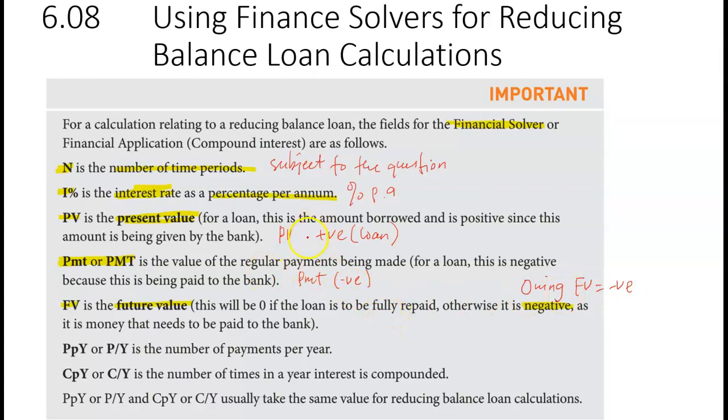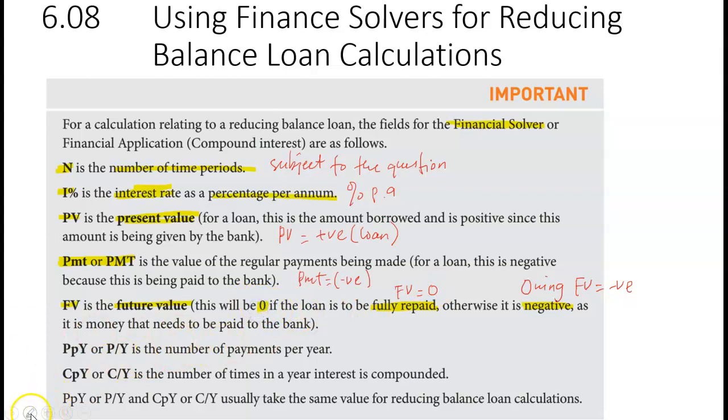Money is out of your pocket because you still owe the bank money. So when you finish paying the bank, what will your future value be? That means your future value will be 0. Okay, so do take note of that.